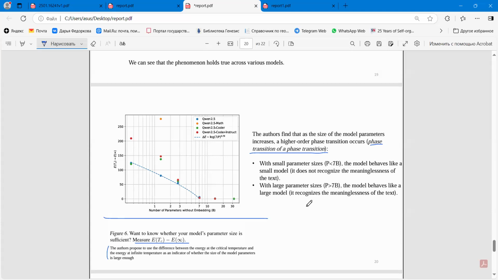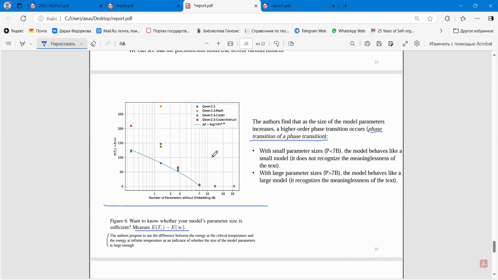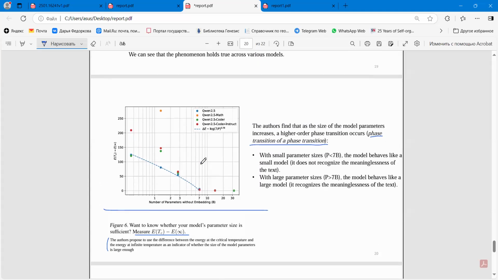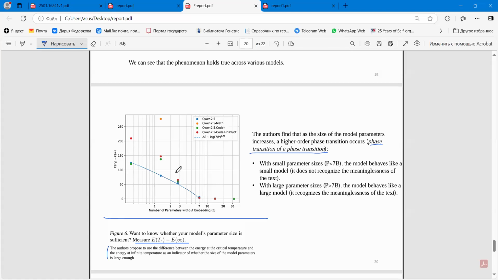And with the large parameter size, the model behaves like a large model, and it recognizes the meaninglessness of the text. And they claim that it will be useful for studying large language models.